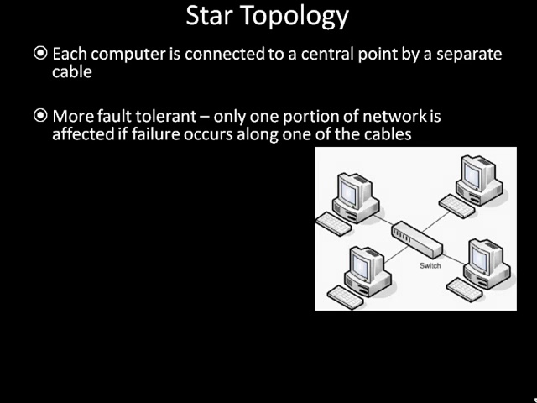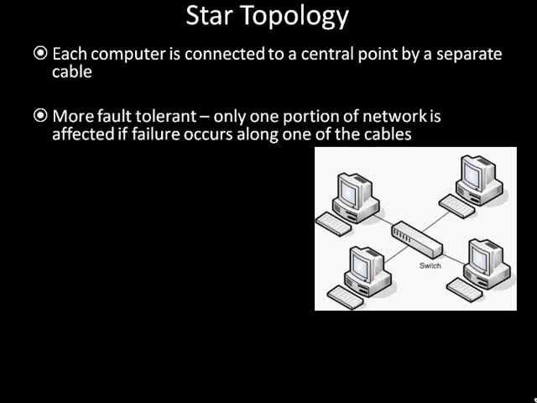This means that if a failure occurs along one of the cables connecting to the hub, only that portion of the network is affected, not the entire network. A single cable failure won't bring down the entire network. It also means that you can add new stations just by running a single new cable.